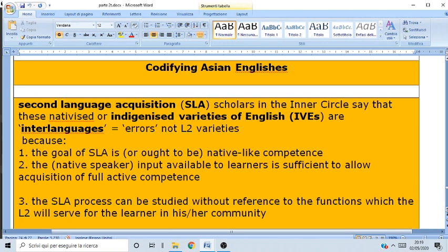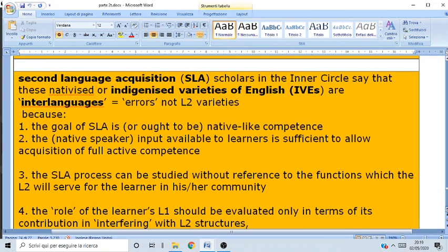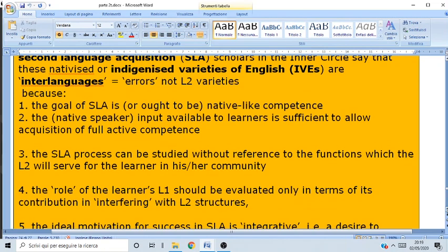Because the goal of second language acquisition is to sound like a native speaker. And so whatever does not match with how English is used in the inner circle is just a mistake, according to these scholars.